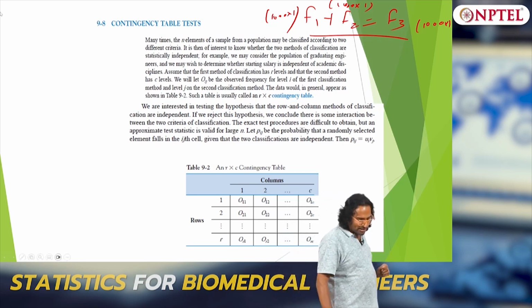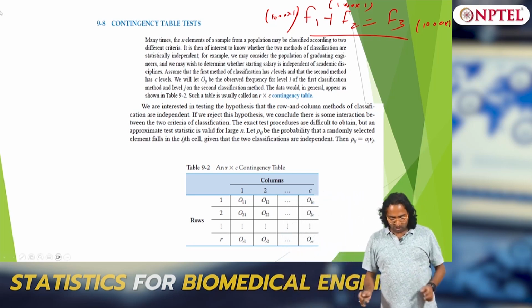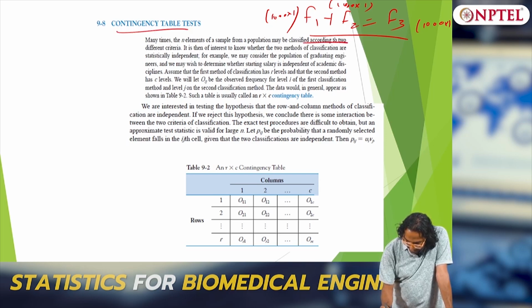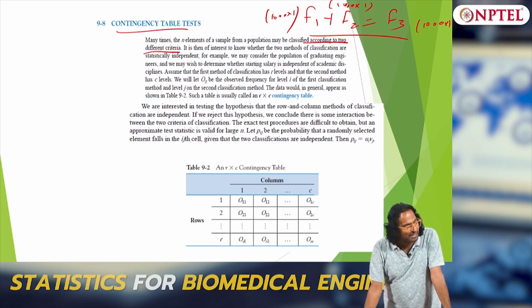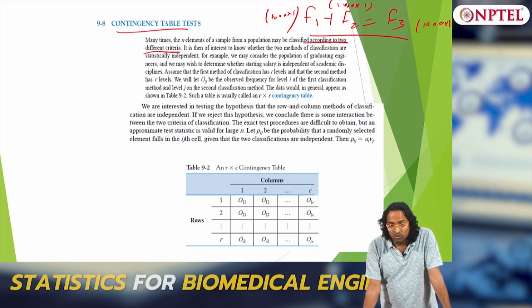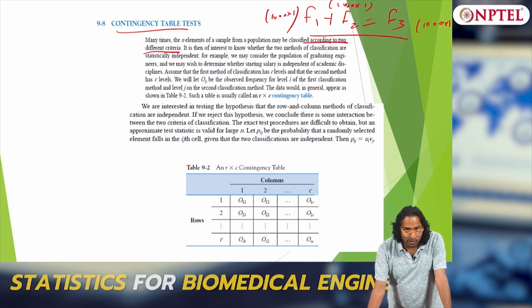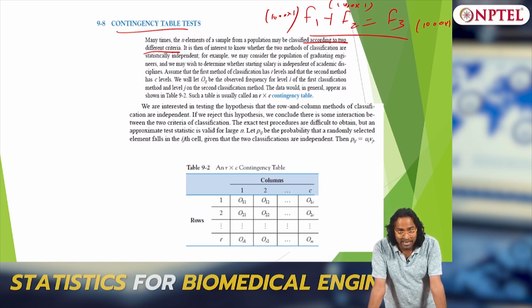That is also called the contingency table. Many a times the n elements of a sample from a population may be classified according to 2 different criteria. We are only doing 2, we will extend it to n later on. Right now I am doing only whether 2 variables are independent or not.